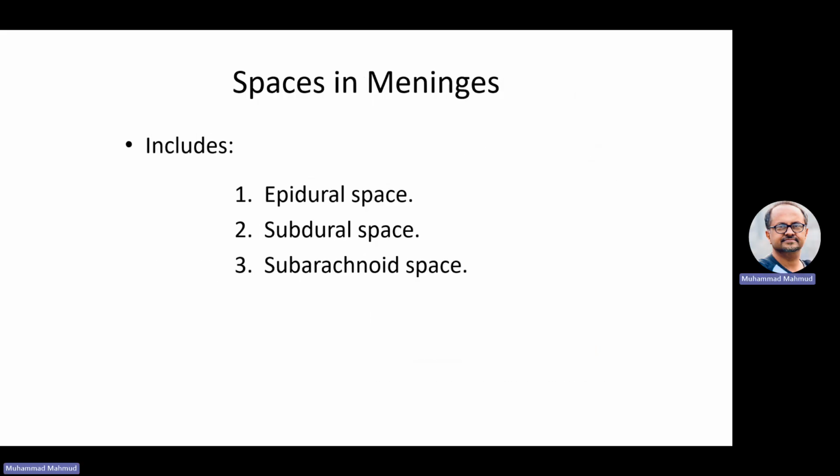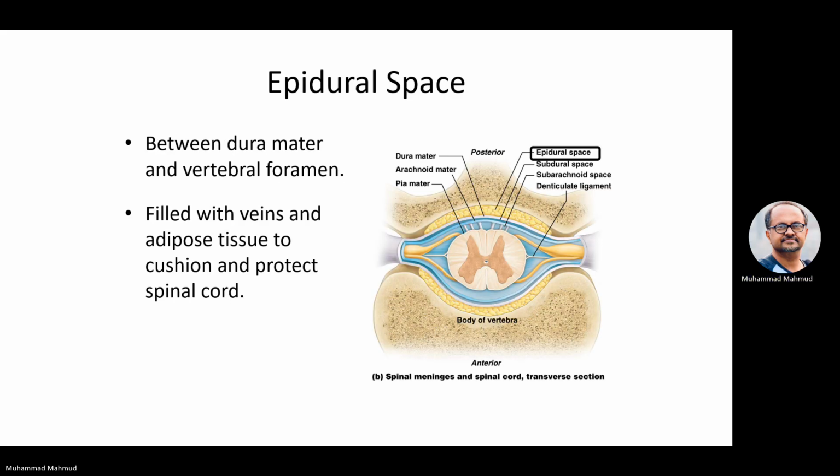There are three spaces here: epidural, subdural, and subarachnoid space. Epidural here is between the dura and the vertebra. I mean, above the dura and below the vertebral foramen, between those two structures. It is filled with veins and adipose tissue to cushion and protect spinal cord.